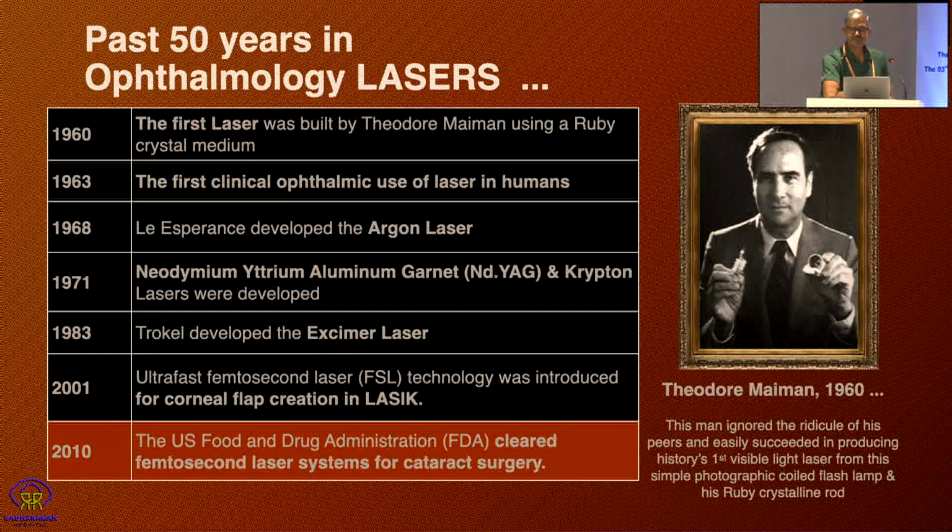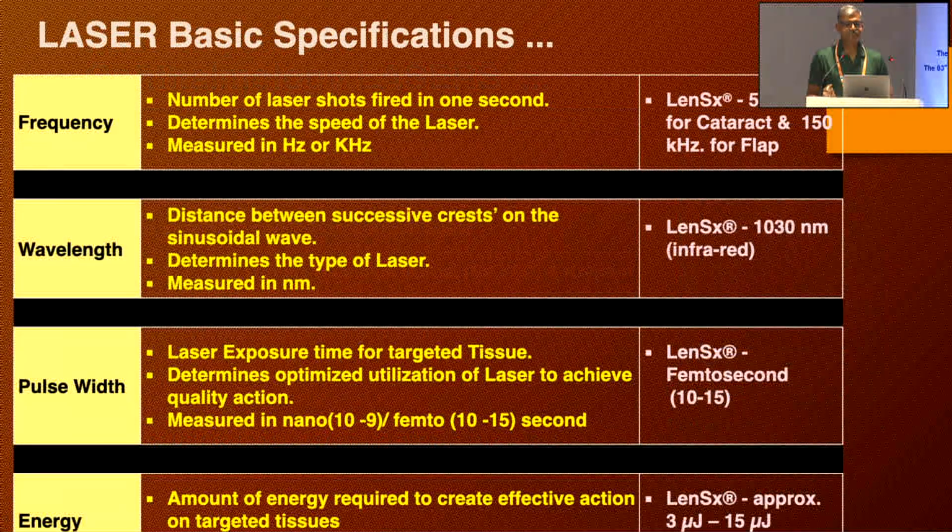Excimer was developed by Trockel. Femto laser was approved by the US FDA as late as 2010. So that's a significant starting point of laser technology coming to the aid of cataract surgery in particular. But whatever we do, we cannot forget this gentleman, Mr. Theodor Maiman, who gave us the gift of this concept way back.